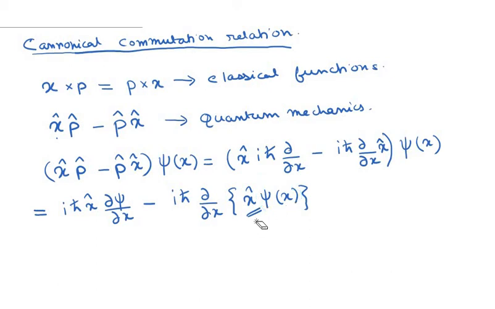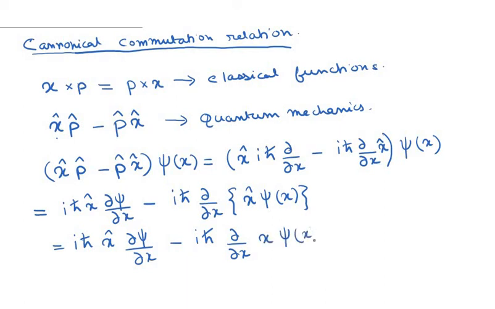So this x operator is nothing but it basically multiplies psi x by its position. Okay, so this basically becomes I h bar del psi del x minus I h bar del x of x psi x.